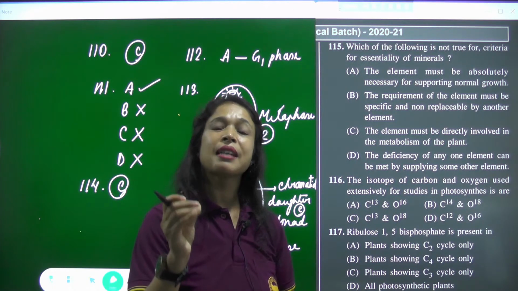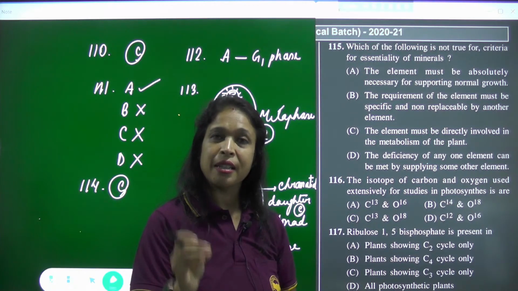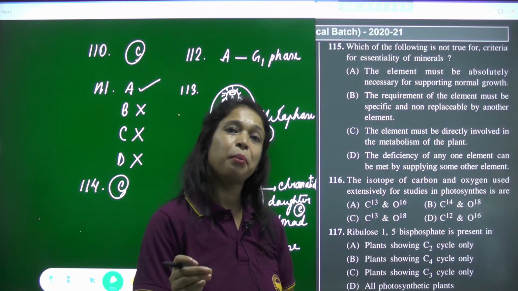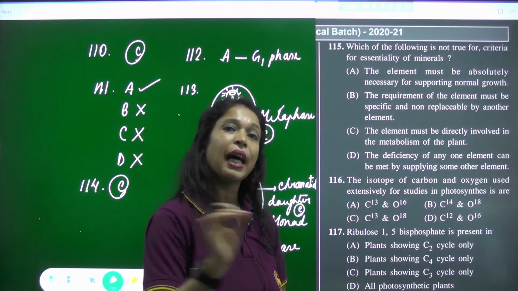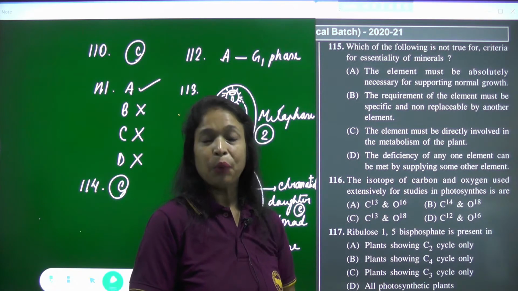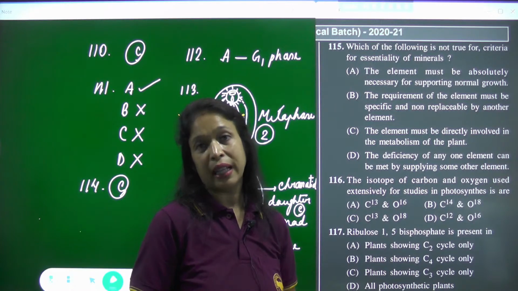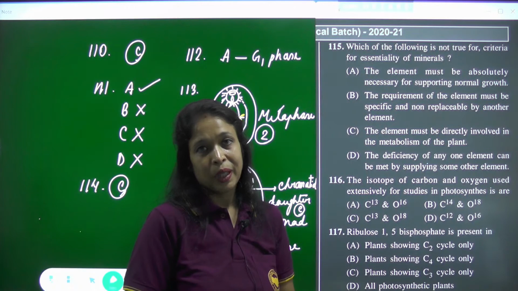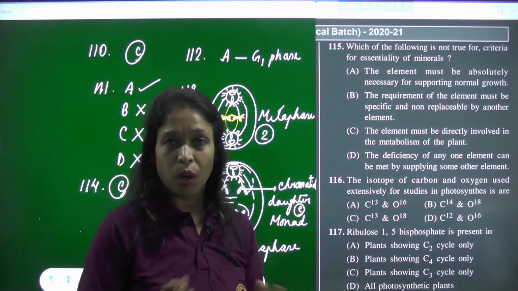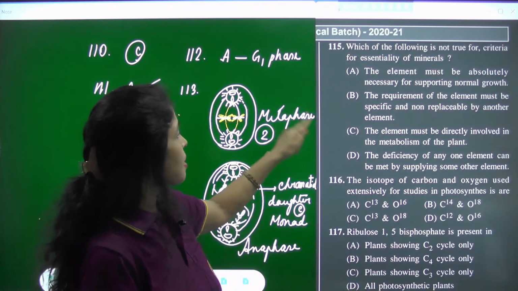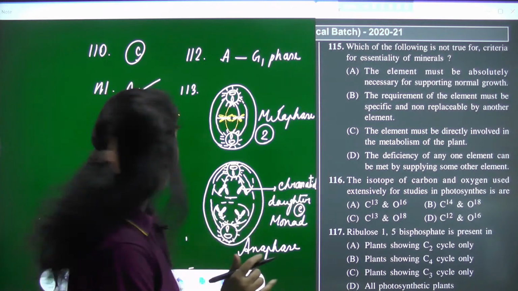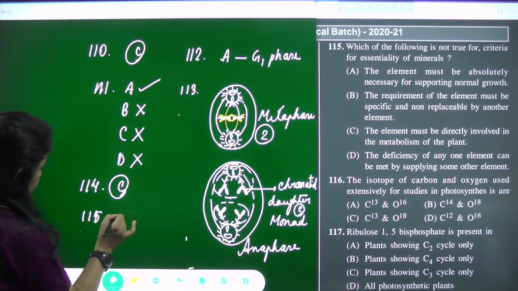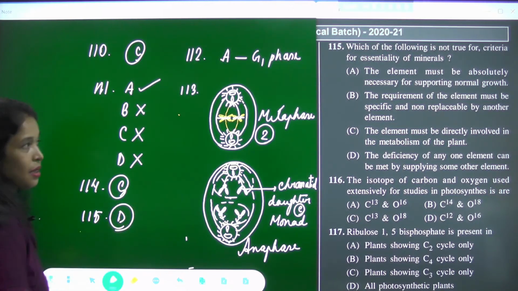If the plant is suffering from a deficiency symptom, that deficiency has to be met by adding that particular element only. We cannot add other elements. It cannot be replaced or substituted. So the last statement is wrong, it's incorrect. So the answer for 115 will be the last option. It is D.